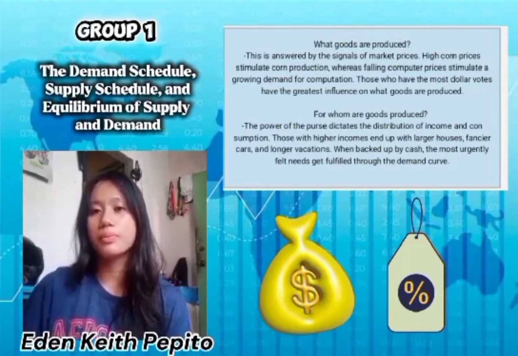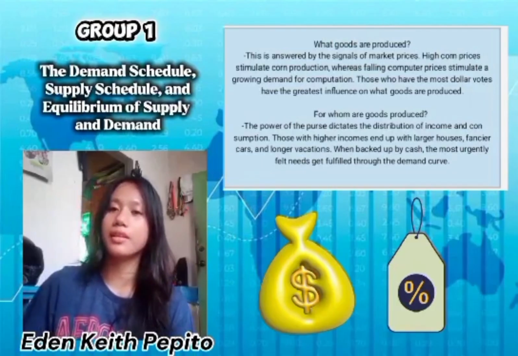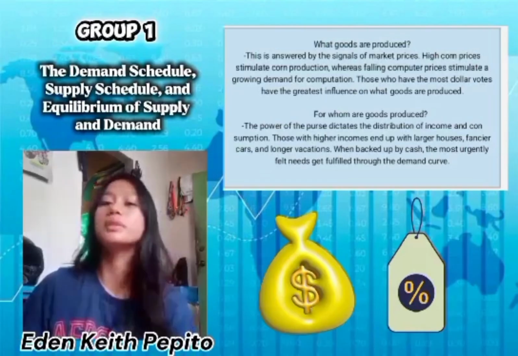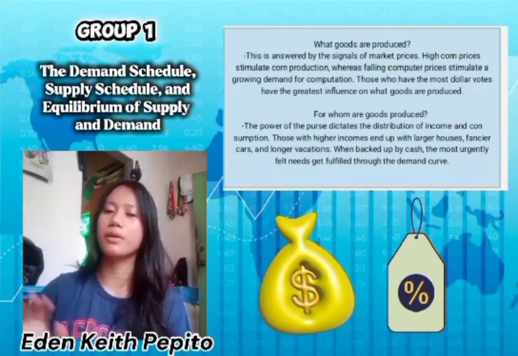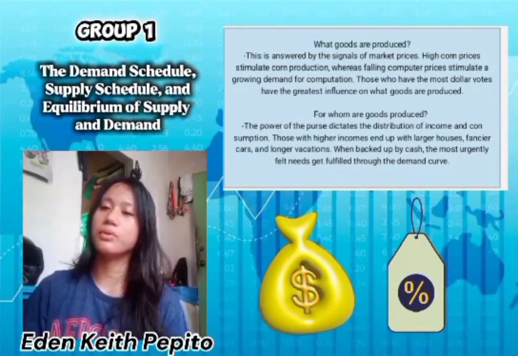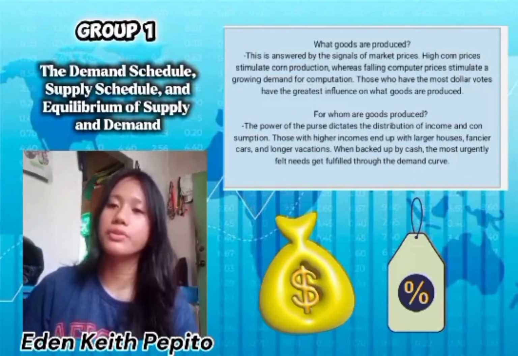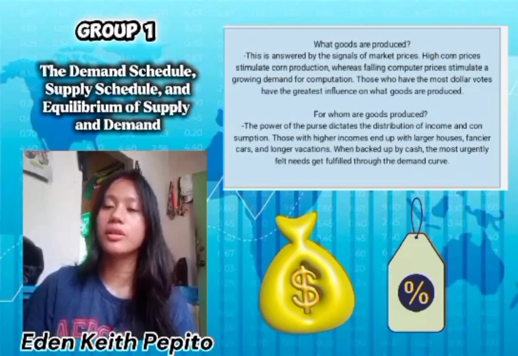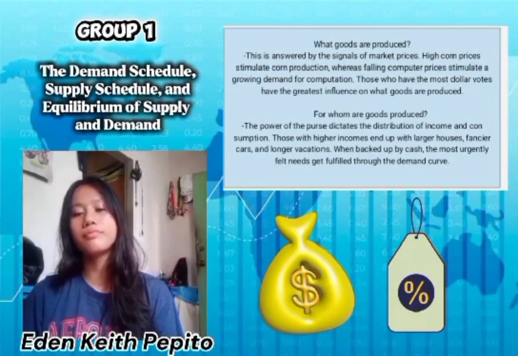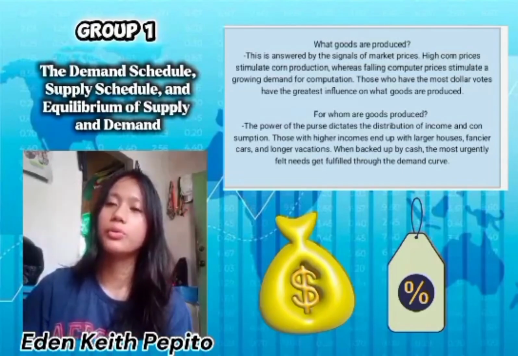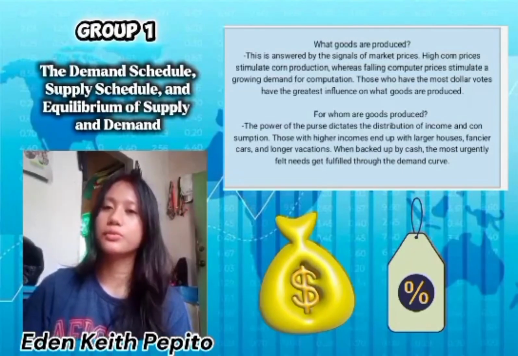So the power of the purse means the ability to pay. Makabayad ka og basig ang mamahalon ng mga butang. So ang pasabot ani that the power of the purse kay makadetermine on who can buy or who can access that goods.